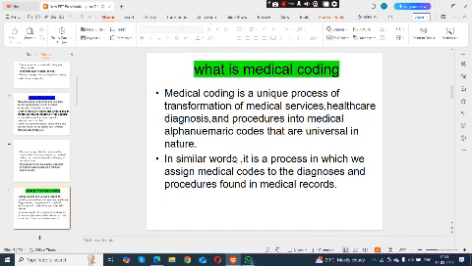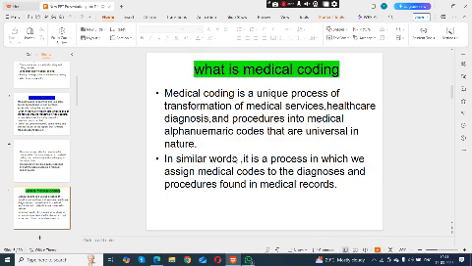And first of all, we have to know what medical coding is. Medical coding is a unique process where we translate a document, like a medical history, into a simple alphanumeric code. Whatever medical services the patient receives in the hospital, we translate that medical record into alphanumeric codes.